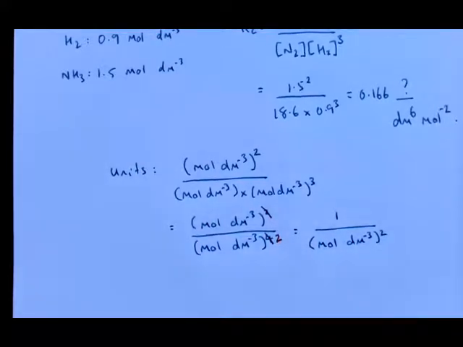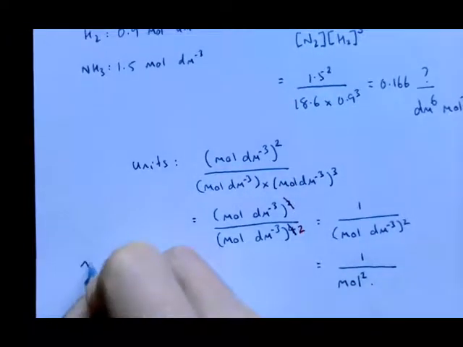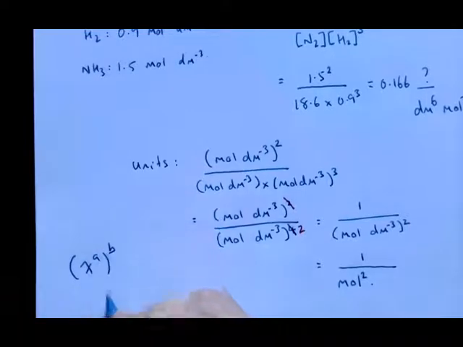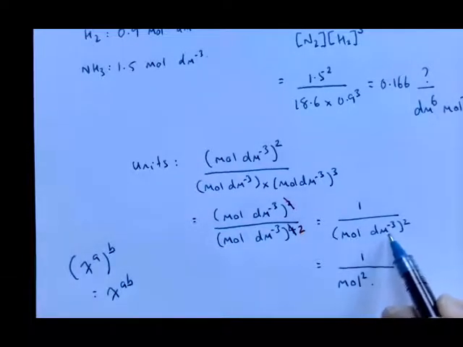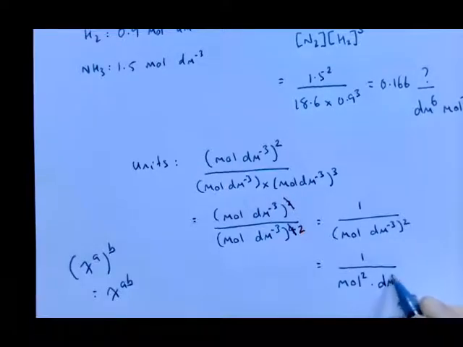Now at this point, we can put the 2 inside the brackets, so we have 1 divided by moles squared, and then remember, if you've got x to the power of a to the power of b, that equals x to the power of a times b. Here I've got decimeters to the minus 3 all squared, so it's going to be 2 times minus 3. So I get decimeters to the minus 6.